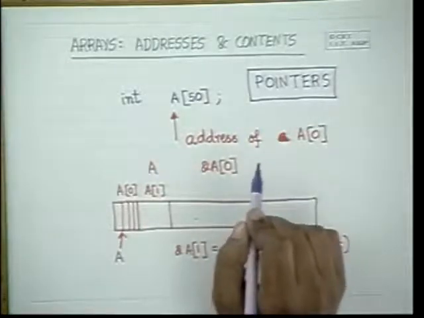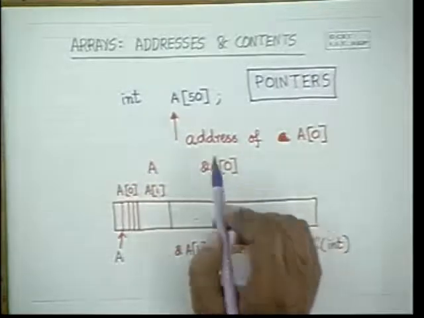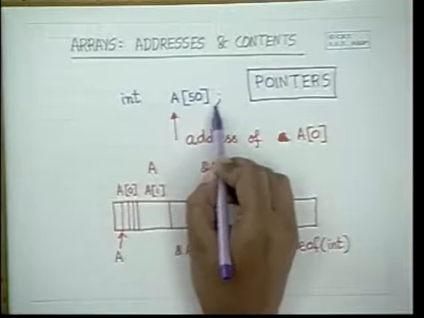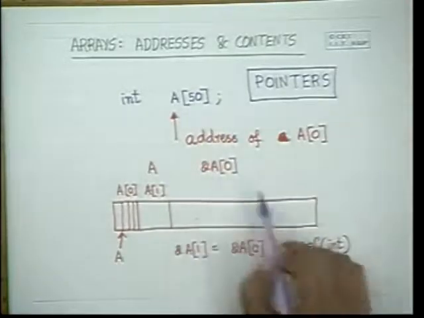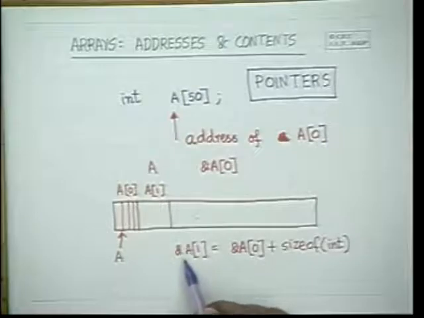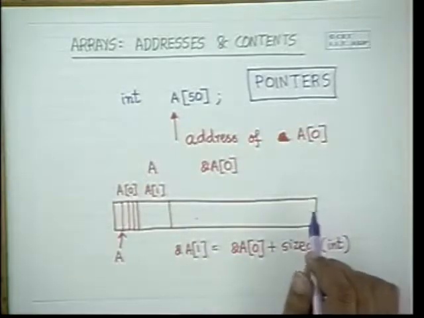Addresses of locations are also called pointers to locations. So A is a pointer to the start of the array, and A+1 is the pointer to the location A[1]. That is how we refer to it in terms of the C language.